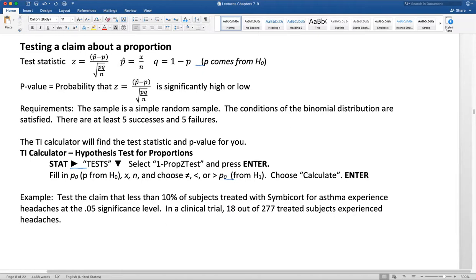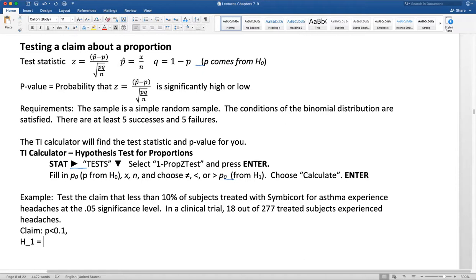First we need to figure out the null hypothesis and the alternative hypothesis. Give me a second. The claim is P is less than 0.1, right?